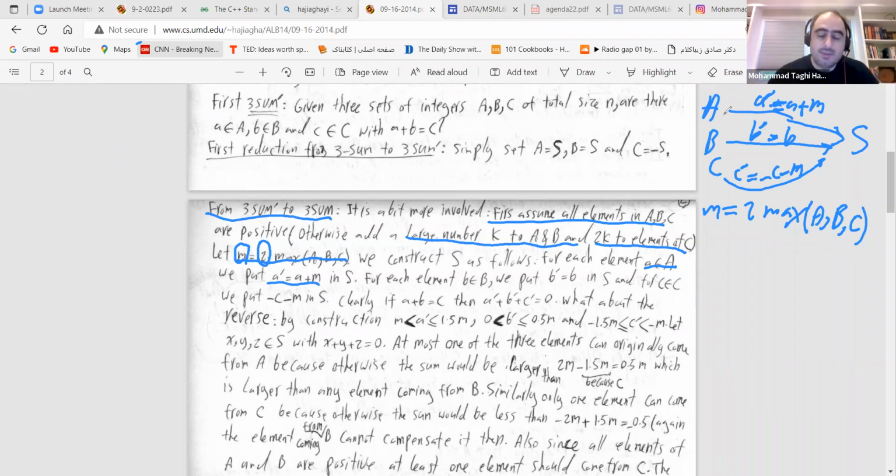The corresponding elements would be disjoint in S, even though the original elements may not be distinct. Okay, thank you. Actually we don't have this requirement, because when we do this reduction from 3-sum to 3-sum prime, we actually put A, B, and C equal to S in this case.